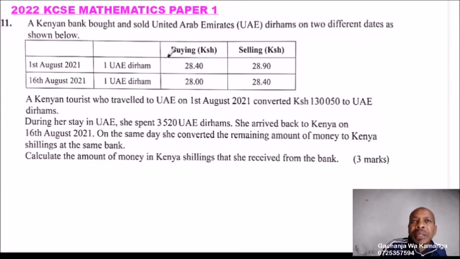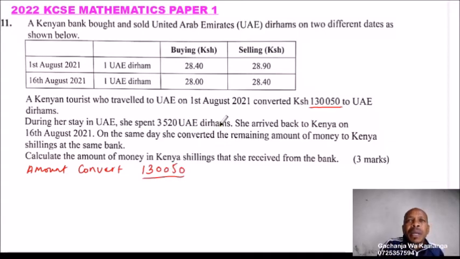To be able to do that, this is the amount of money the tourist converted, 130,050.